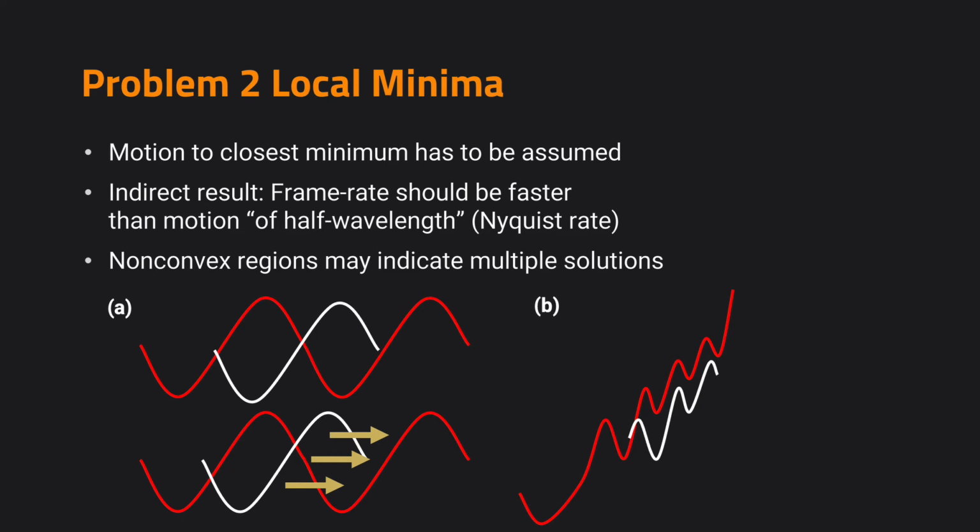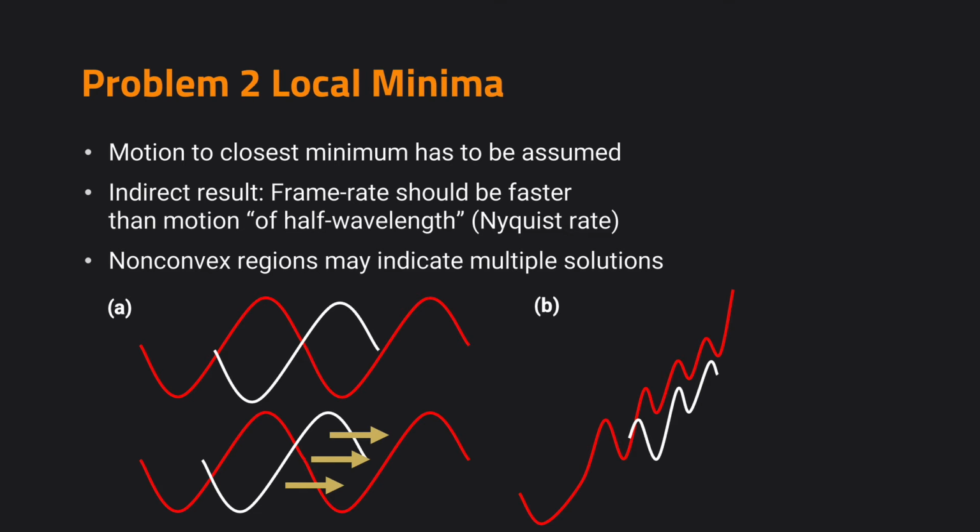The second problem is that this simple matching may run into local minima. Remember that when we derive h, we assume that the energy E only has one minimum, and that's usually not true for very complex signals. And we all know that the image can be very complicated.